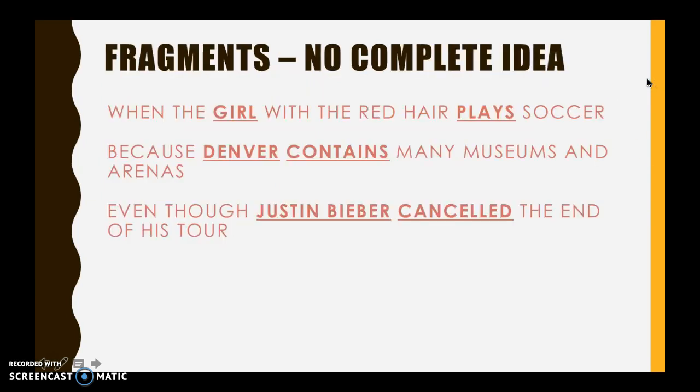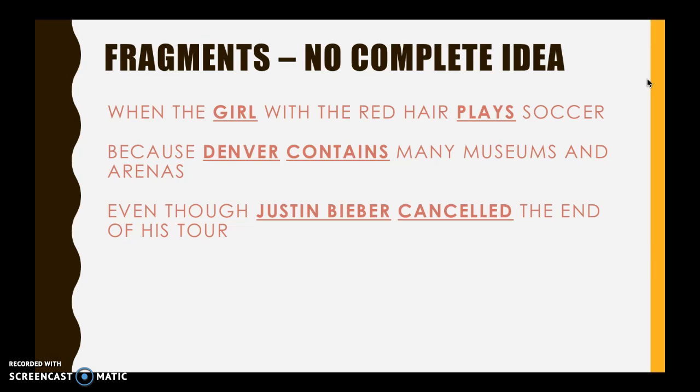The trickier fragments are the ones that do have a subject and do have a predicate, but don't express a complete idea. For example, "when the girl with the red hair plays soccer," or "because Denver contains many museums and arenas," or "even though Justin Bieber canceled the end of his tour."